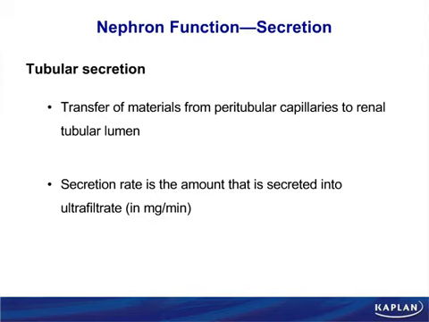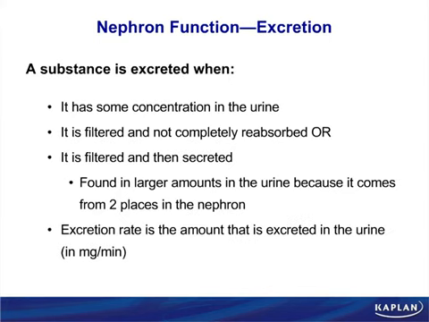So therefore, once again, the units for secretion rate will be milligrams per minute. That's what secretion rate means. How many milligrams, what amount of a substance is being secreted in a minute. Therefore, your units here are milligrams per minute. That's secretion rate.